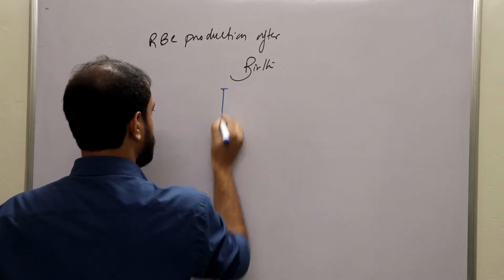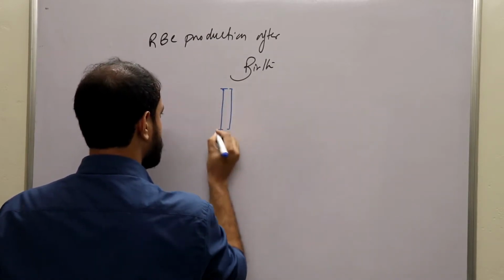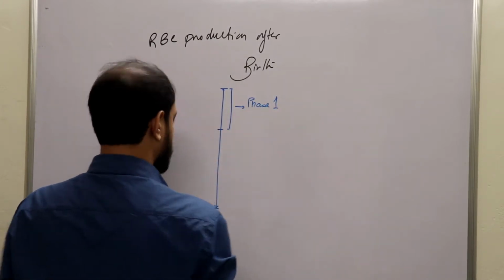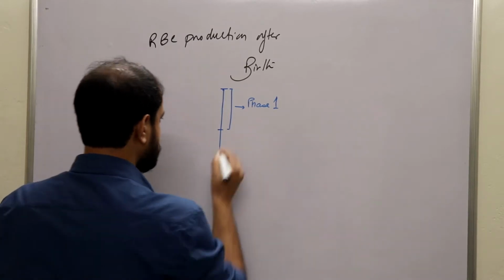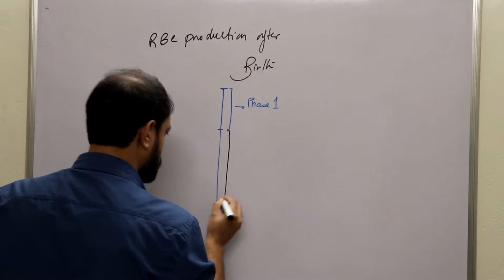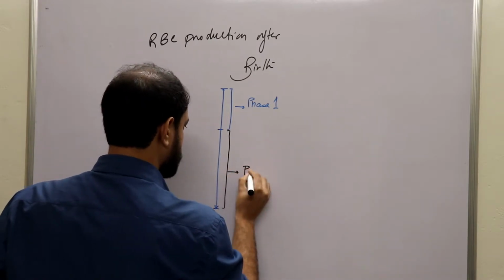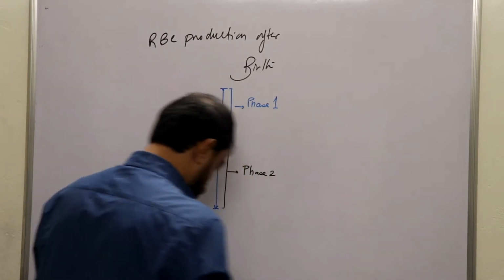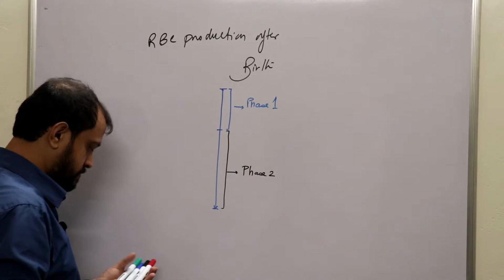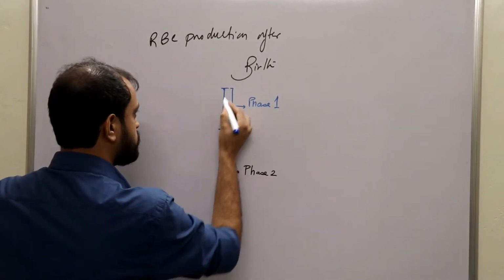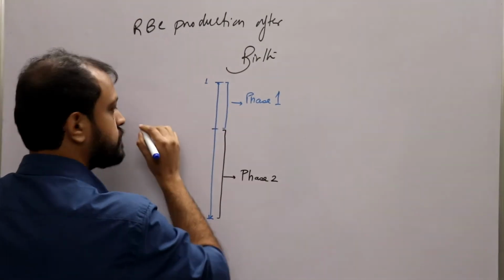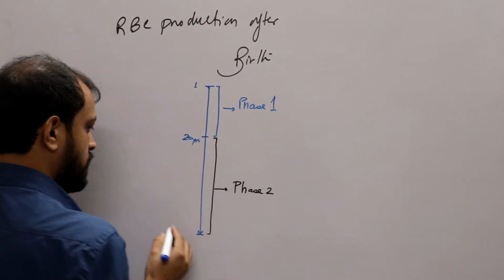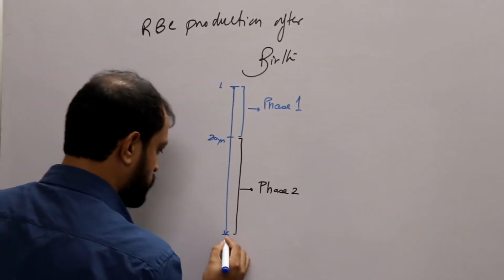This is phase 1 and this is phase 2. Phase 1 of RBC production starts after birth and lasts till 20 years, and phase 2 starts from 20 years up to infinite.